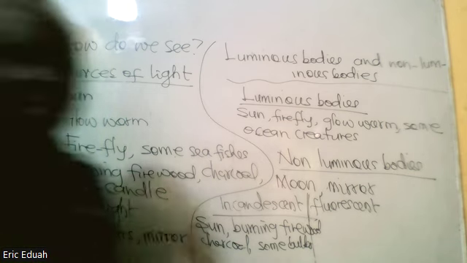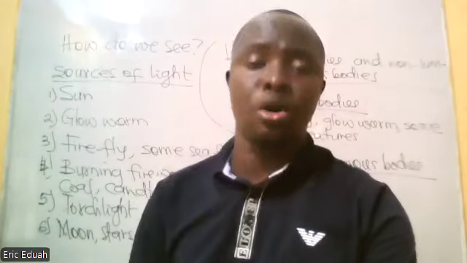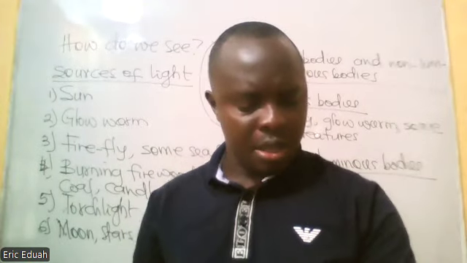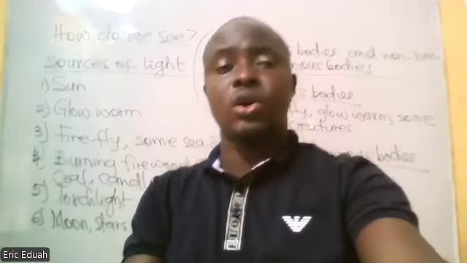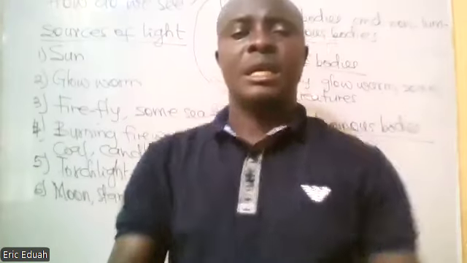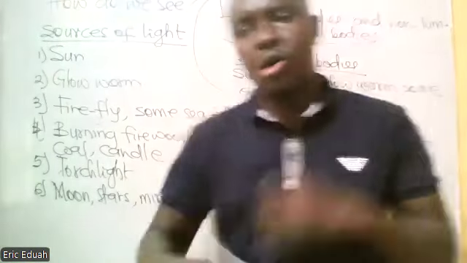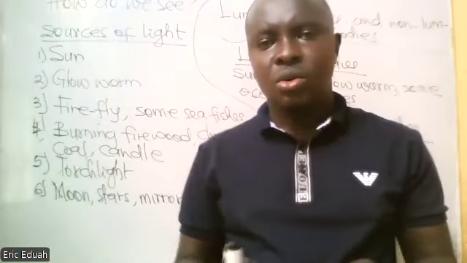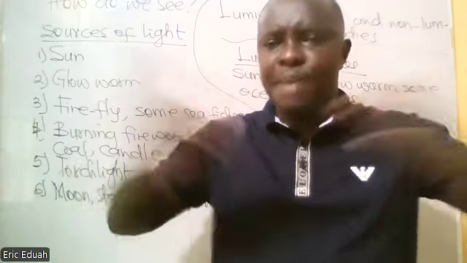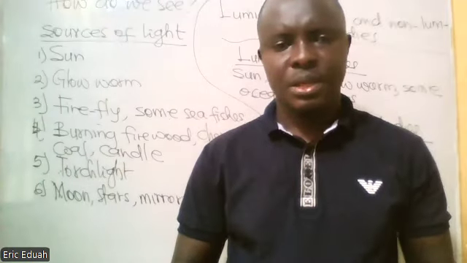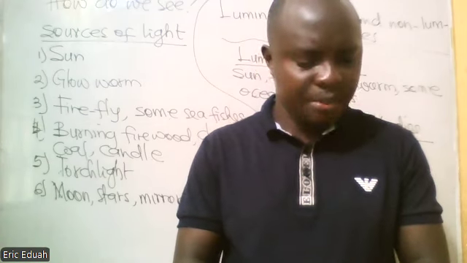Okay, even fluorescent tubes or bulbs also come under this category. Basically, these are sources that produce or could produce light when their temperature is very, very minimal. So these are classifications of light and examples.